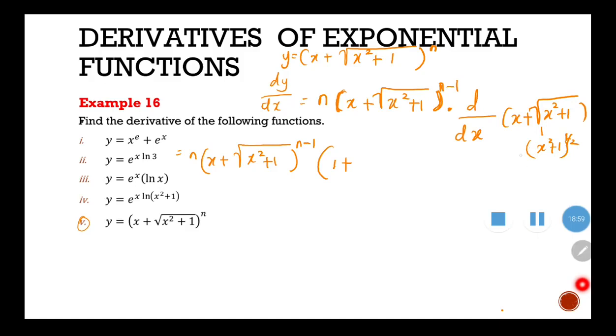Then the d/dx for this is half brought to the front and x square plus 1, and this one should be half minus 1, you will get minus half, and the d/dx of whatever function is in the bracket is 2x, right? 2x.